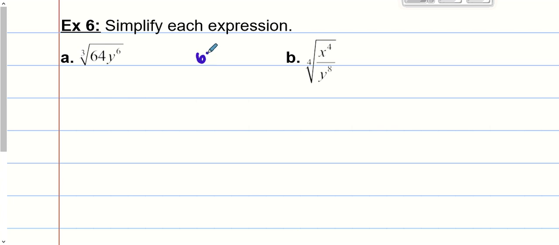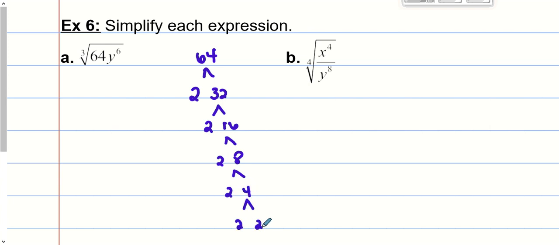Let's go ahead and get a factor tree going. 64, well, we know it's even, so let's divide by 2. 64 divided by 2 is 32. It's even, so let's divide that by 2. 32 divided by 2 is 16. 16 divided by 2 is 8. 8 divided by 2 is 4. And 4 divided by 2 is 2.